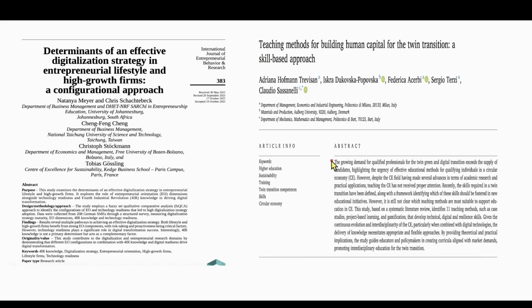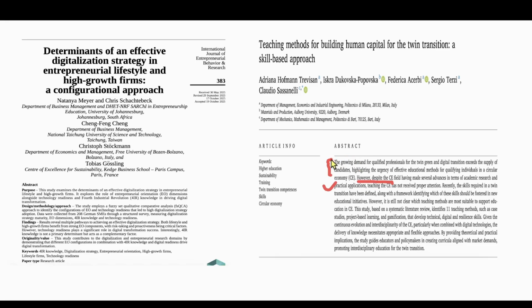So the first thing is, can we see here the background established? What is happening? The growing demand for qualified professionals, and so and so things. However, despite this, the gap exists.